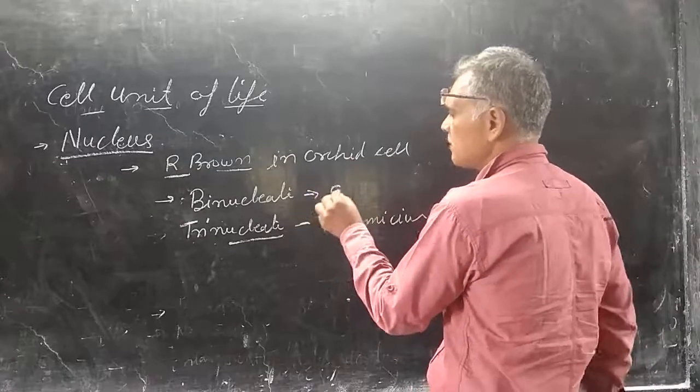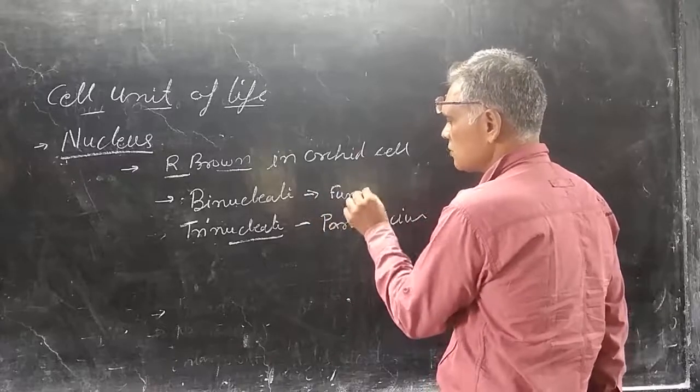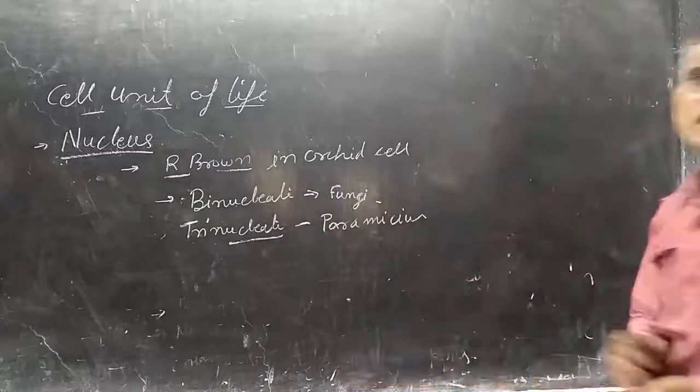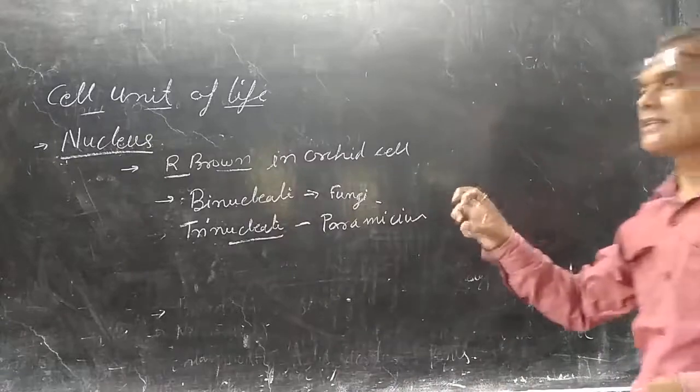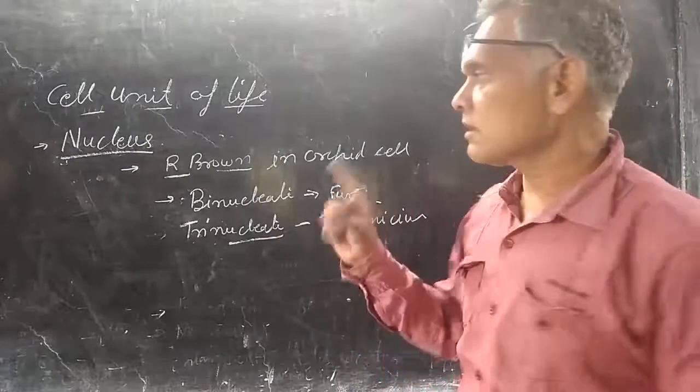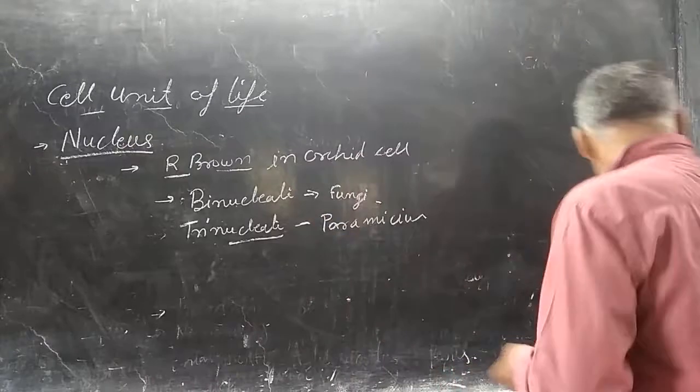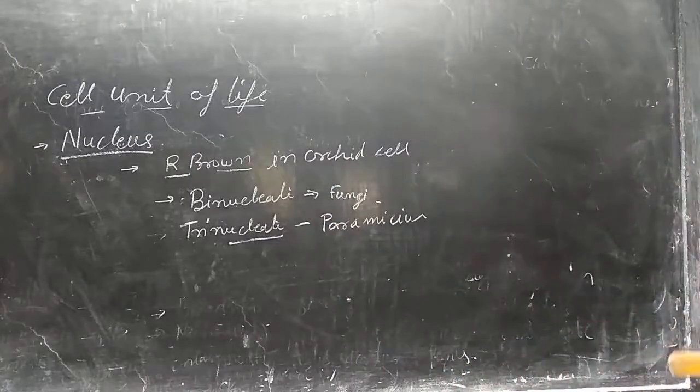In fungi, that is Basidiomycetes, it is binucleate. Otherwise, in most cells, a single nucleus is there, that is the uninucleate or mononucleate condition.